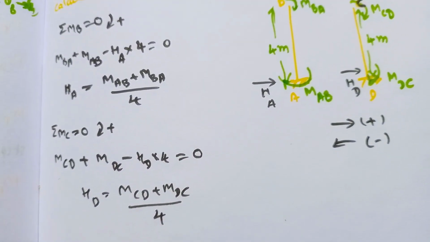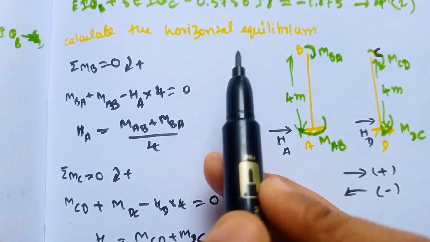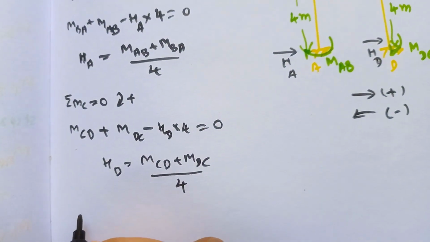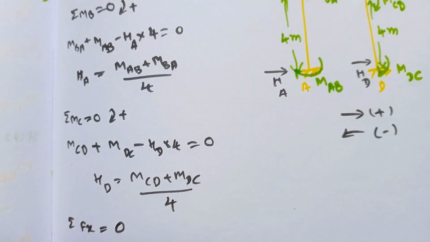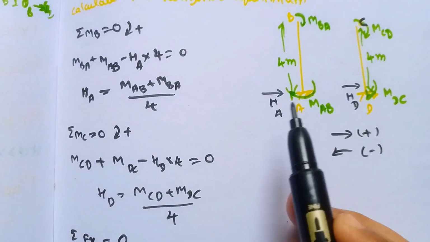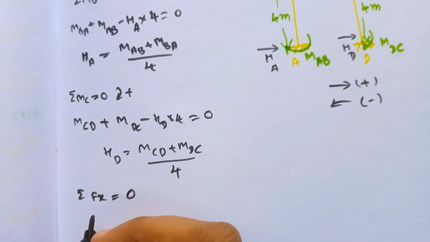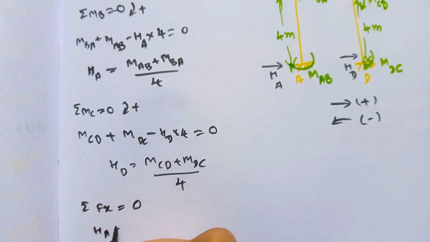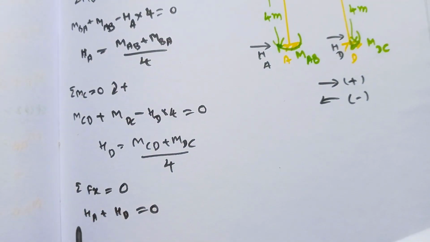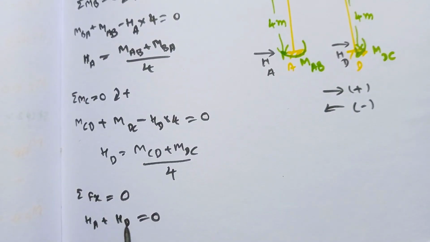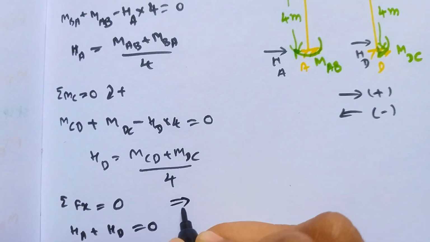So now we got HA and HD. Now we are calculating the horizontal equilibrium. It means we need to do the summation of all the horizontal forces equal to 0. We only need to add the horizontal forces. Here HA plus HD is equal to 0, since we have only two forces, HA and HD. Now substitute HA and HD in this equation.